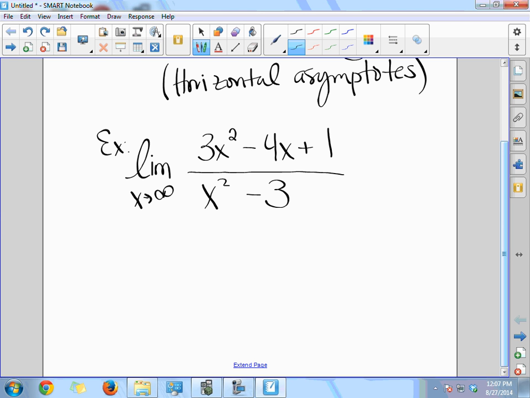If we're really looking at what happens to y, or f of x, as x goes to infinity, you probably know a rule that you learned in pre-cal that tells you to compare the degrees of the numerator and denominator. Degree is your highest power, and you have a certain rule if they're equal, if the top is bigger than the bottom, or if the bottom is bigger than the top.